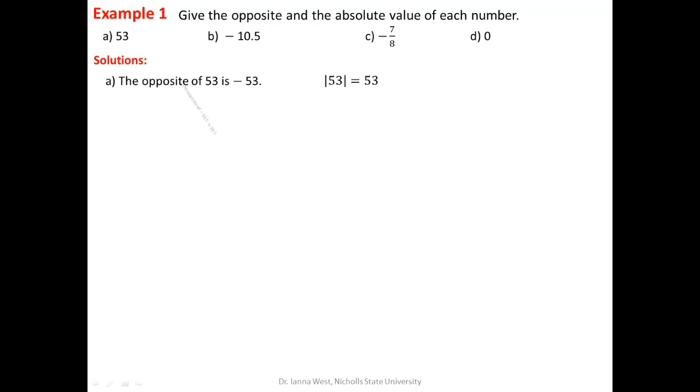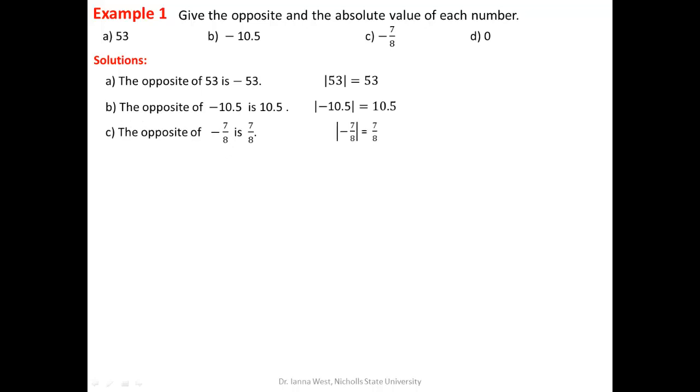For the second one, the opposite of -10.5 is 10.5. The absolute value of -10.5 equals 10.5. The opposite of -7/8 is 7/8. The absolute value of -7/8 equals 7/8.